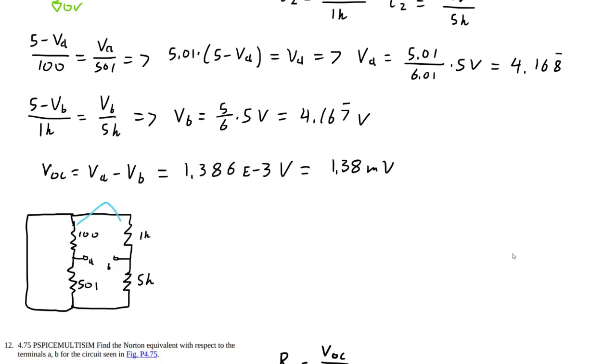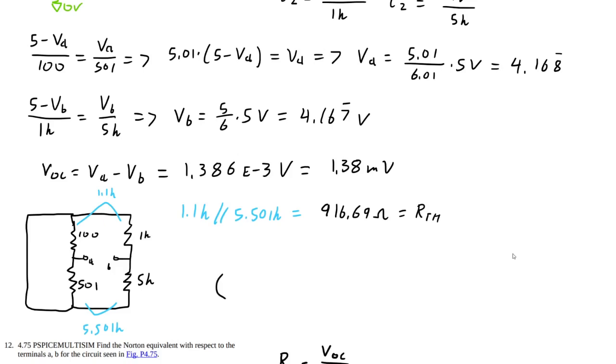So these two are going to be in series, 1.1K, and these are also in series, 5.501K. And 1.1K in parallel with 5.501K is going to be 916.69 ohms, and that's going to be our Thevenin resistance.